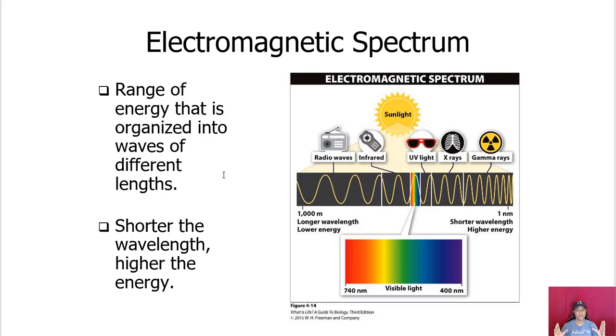And this is called the electromagnetic spectrum. And this is just looking at those waves of energy. And so this range of energy is organized into different wavelengths and their characteristics. So the shorter the wavelength, the higher the energy. Okay, so let's look at this illustration. Here we're starting on the far end, and we've got these really short wavelengths.